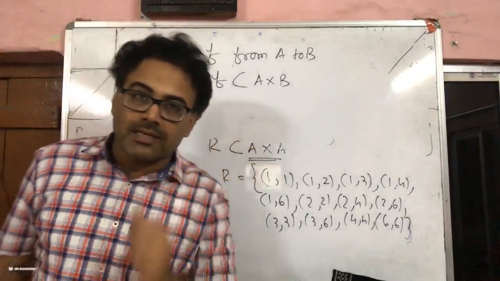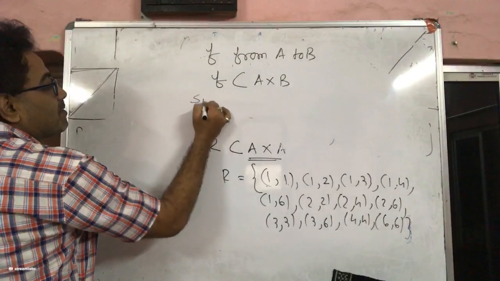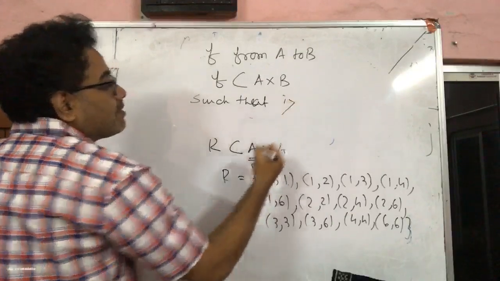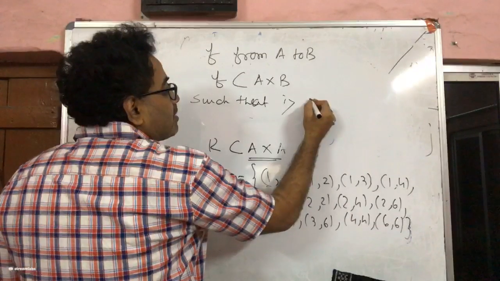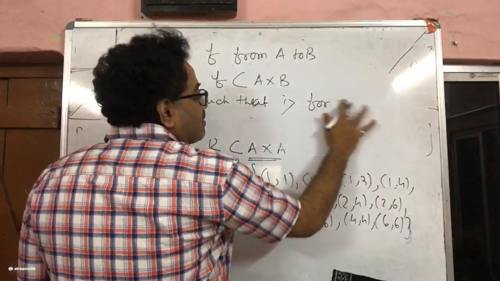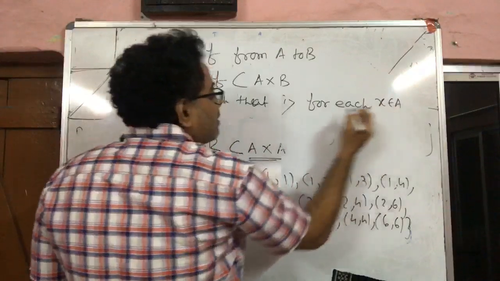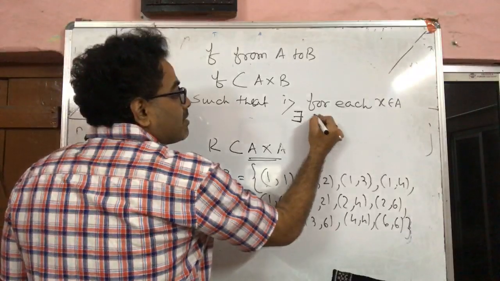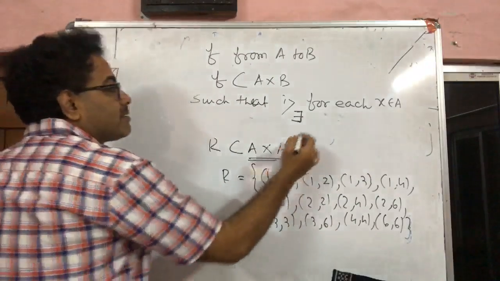So function is a relation such that for each x there exists some unique y.